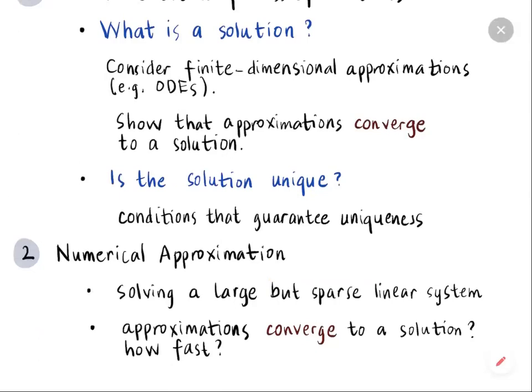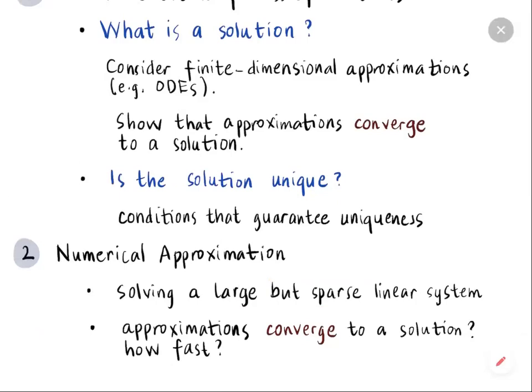Large here means that the size of the matrix is huge. For instance, it can take a million degrees of freedom. By sparse, we mean that there are a lot of zero entries in the system matrix.